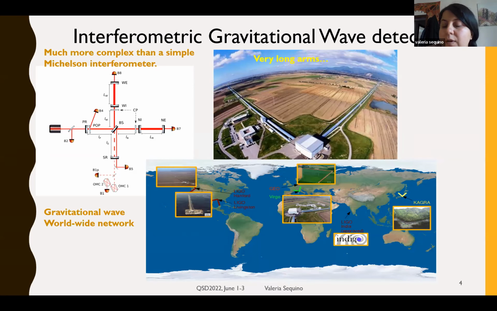Now it does not have a sensitivity comparable with the other three main interferometers, but it is progressing. There is also a project approved to build another interferometer in India, and its construction will start in the next years.